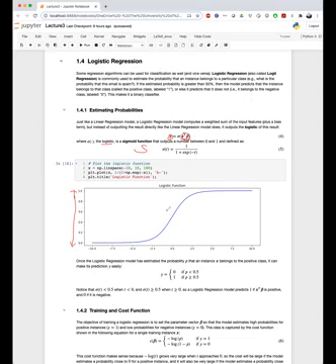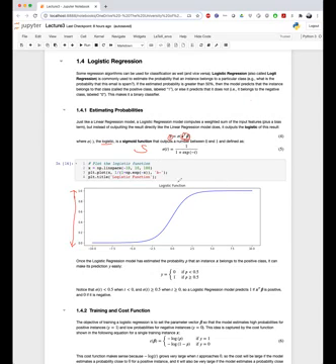Then to use this for classification, if it's close to 1, we say this is a positive class, which means it's spam. If the p-value is close to 0, then we say it's negative, which means it's non-spam. So this is the basic idea of logistic regression, the math, and also how we use this.